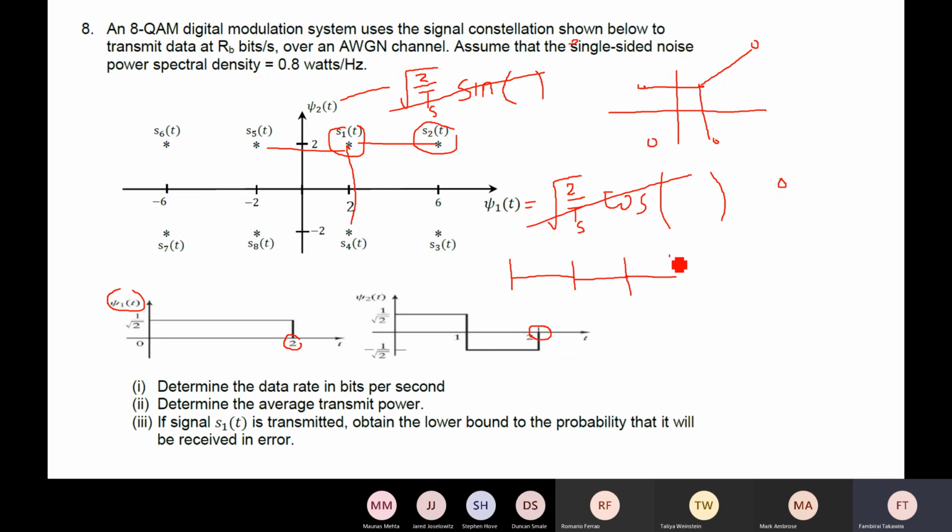So this could be essentially one waveform, let's say S7, and then the next one could be, let's say, S3, then the next one could be another S3, and then the next one could be an S1, etc. Now, it means that the symbol duration in that case would be equal to 2. Therefore, the symbol rate is going to be 1 upon 2.